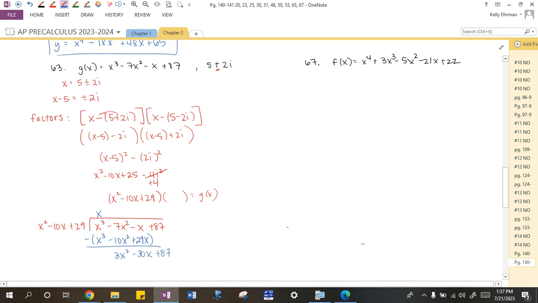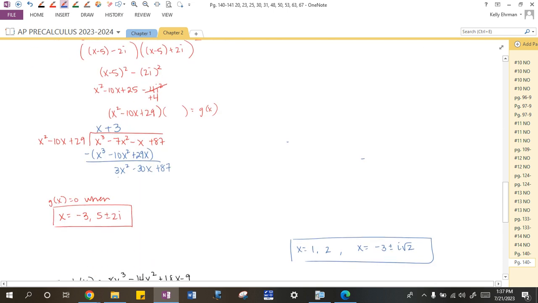We multiply x squared by plus 3 to get this, and I just want to make sure it works out correctly. So multiply the 3 through. 3x squared minus 30x. 3 times 29, so 3 times 20 is 60, 9 times 3 is 27. 60 plus 27 is 87.